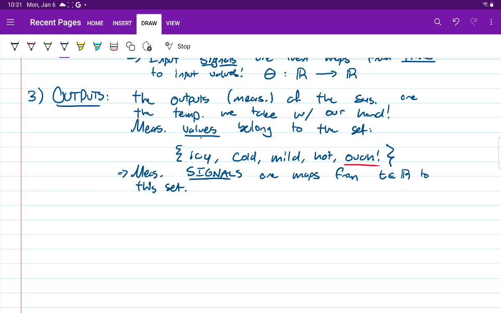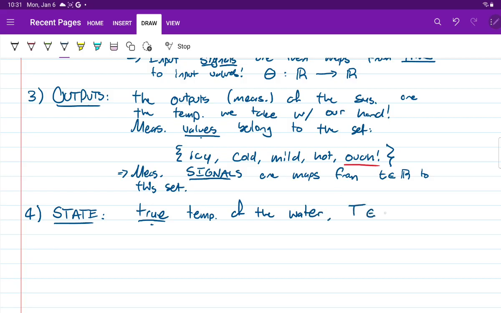So underneath these different output values, what we have is the true temperature of the system, all right? And we'll refer to the true temperature of the system as the state. All right. So the state is the true temperature of the water. Okay? And I'll use a capital letter T and R to denote water temperature.